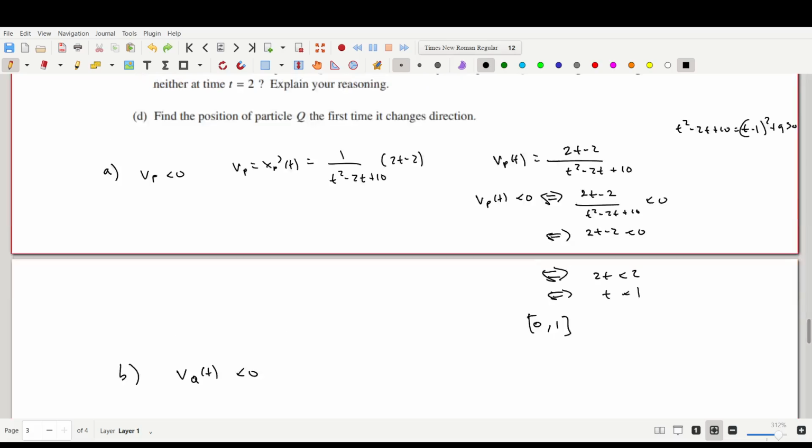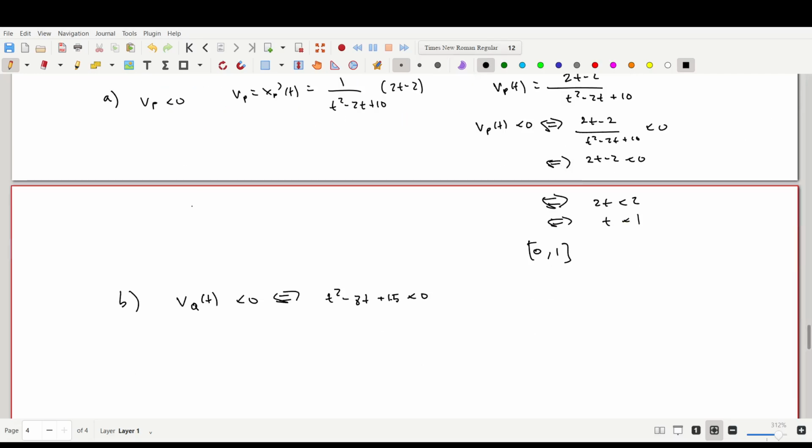So this occurs exactly when t squared minus 8t plus 15 is less than 0, and you can factor that, and that's (t minus 3)(t minus 5). And that occurs when t is between 3 and 5. All right. Cool.